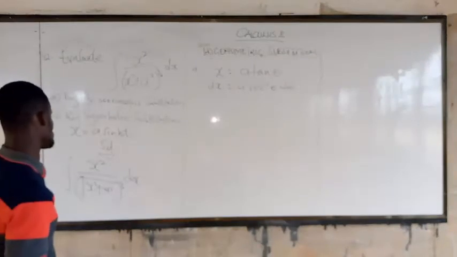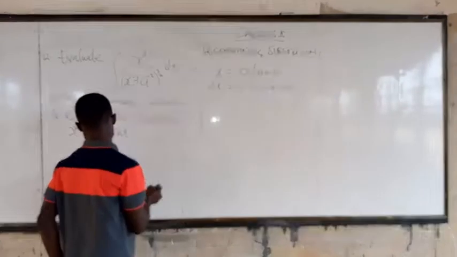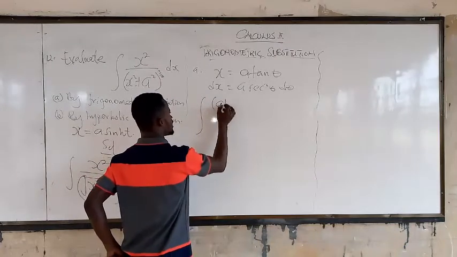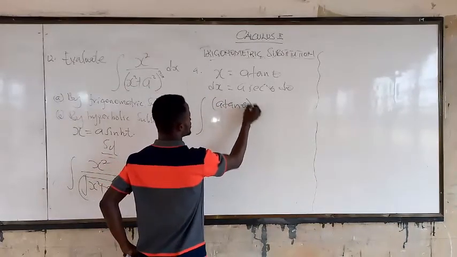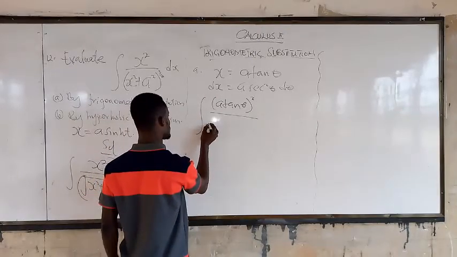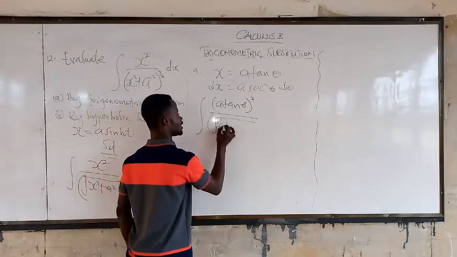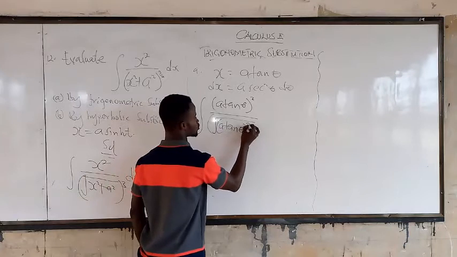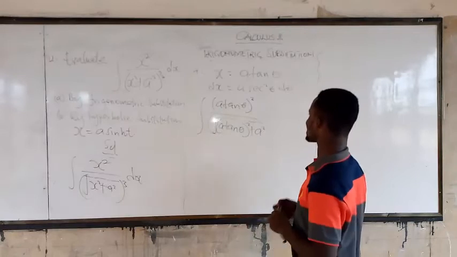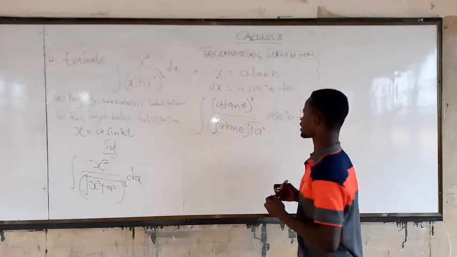So by substitution, I'm going to get the integral of a tan theta squared over a tan theta squared plus a squared, and ds is a sec squared theta d theta.